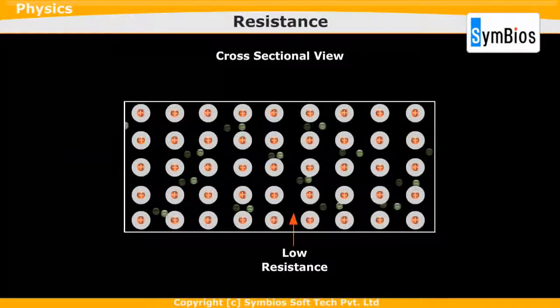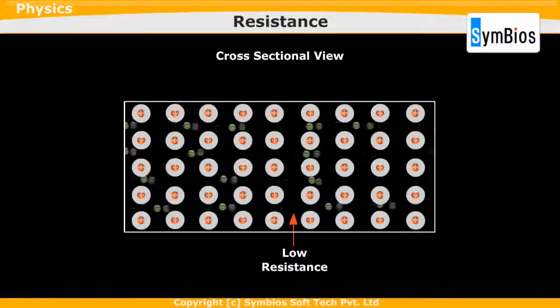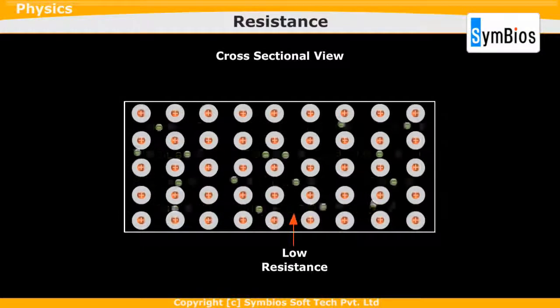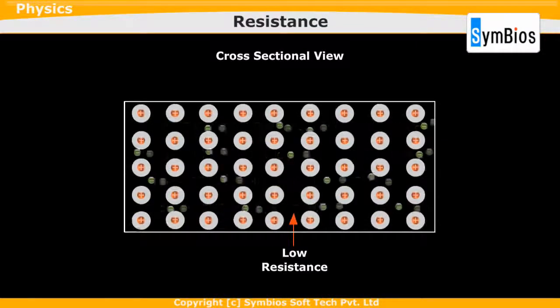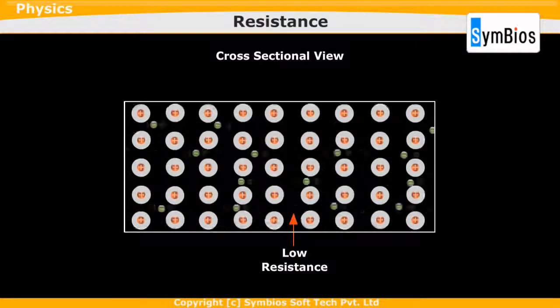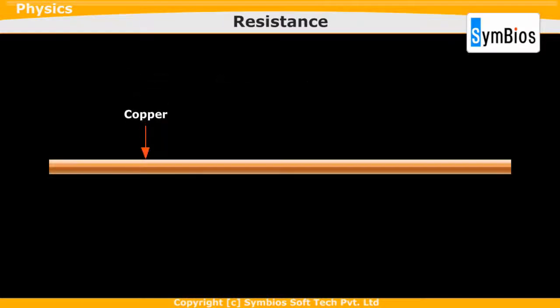As we have seen, a greater number of free electrons and lower resistance to the passage makes a material a good conductor. Also, copper is a good electrical conductor, provides a good contact surface, is ductile, and is not too expensive.